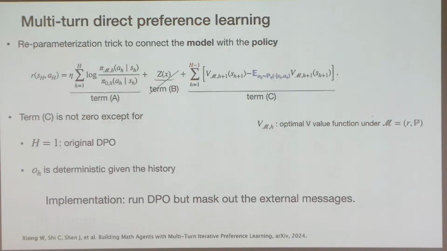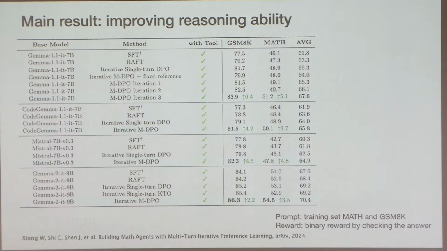Another intuition is that when you really want to optimize your policy, the distribution of the external message is something you cannot change. You cannot optimize with respect to the external message distribution. So if you still optimize the loss on this external message, you would also be using a wrong objective, which eventually hurts the performance.